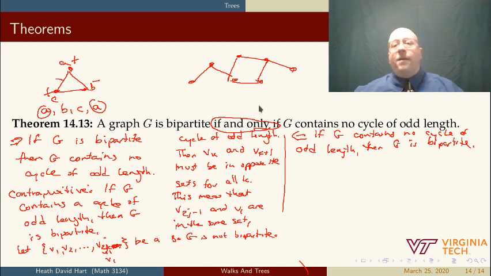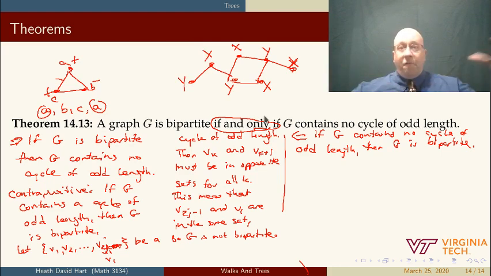I'm going to just pick a vertex at random and assign it to the first set, call it set X. I'm going to assign its neighbors to Y, then assign the neighbors of a Y vertex to X. So this Y connects over here, this will be an X. This Y connects here, this will be an X. This Y connects up here, this will be an X. And then assign every X neighbor to a Y until I have fanned out from my starting vertex and labeled every vertex in the graph.